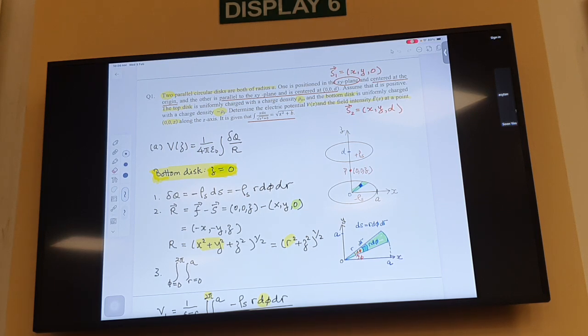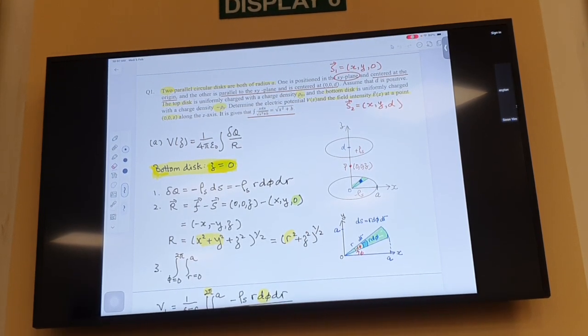Should you write it here, here, or here? Anyone? You say here, they say d is positive. Remember that 0, 0, z here doesn't mean that it's up. For illustration, I just do it this one. If you want, you put this one, you put this one. Same. The math is always correct.